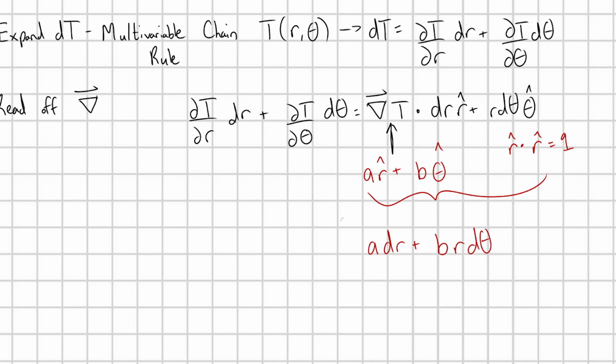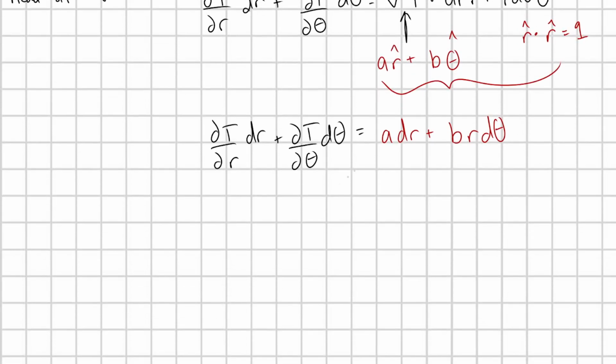Now we're saying that this is equal to partial T partial r dr plus partial T partial theta d theta. Now can you read off what a and b are? a is just going to be partial T partial r, and b is going to have to be equal to 1 over r partial T partial theta.